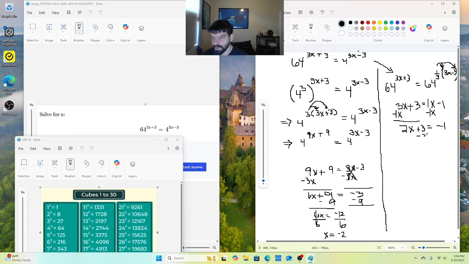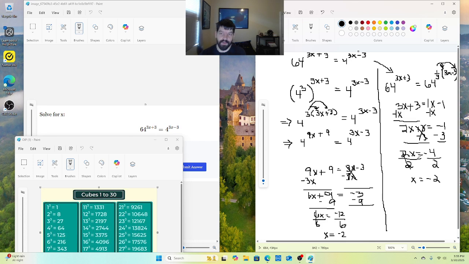We'll then isolate x further by subtracting 3 from both sides. The plus 3 minus 3 will cancel themselves out. We get 2x is equal to negative 4. And then we take our final step of isolating x by dividing by 2, and we get that x is equal to negative 2.